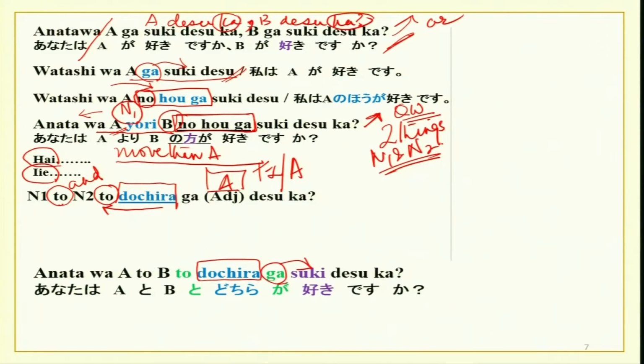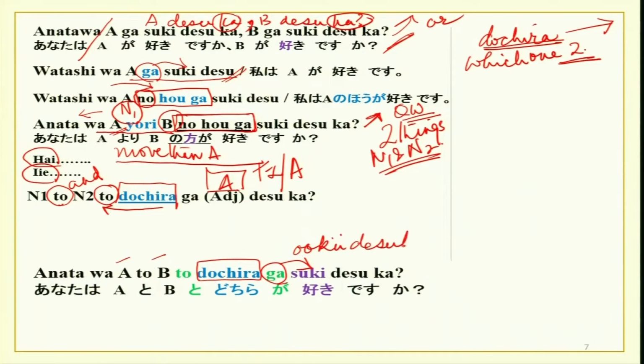And now we will do dochira over here. Dochira, as I have told you earlier, is used for direction and also for which one of the two. For example, you can say Tokyo to Osaka to dochira ga ookii desu ka?